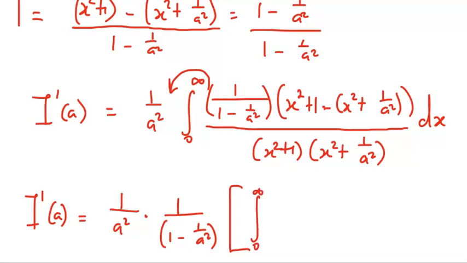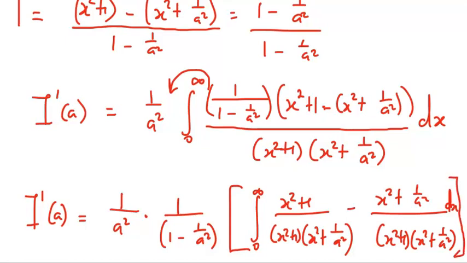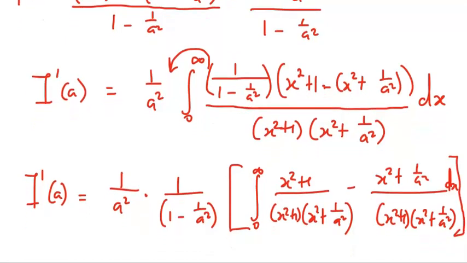So we have here x squared plus 1 divided by x squared plus 1 and x squared plus 1 over a squared. You get the idea? And then minus, here we have x squared plus 1 over a squared divided by x squared plus 1 and x squared plus 1 over a squared. And we have our dx. This is becoming crazy.